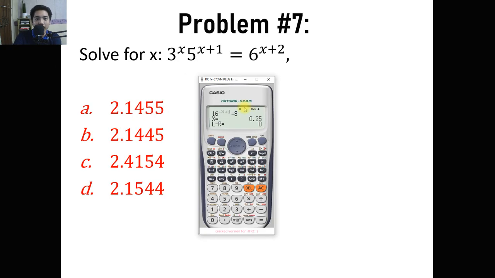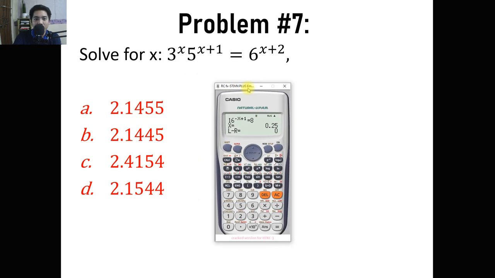So, for number 7: solve for x of 3 raised to x multiplied by 5 raised to x plus 1 equals 6 raised to x plus 2. We can also use shift solve with this. When we are dealing with decimals like this, the calculator is so sensitive in calculating.